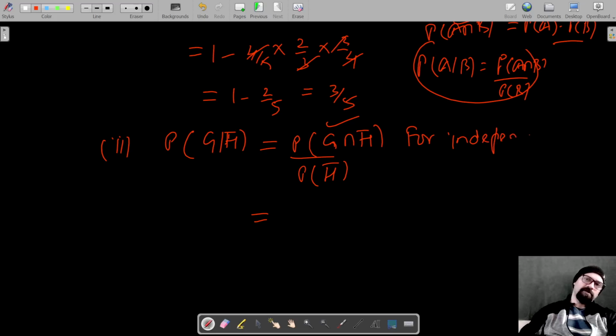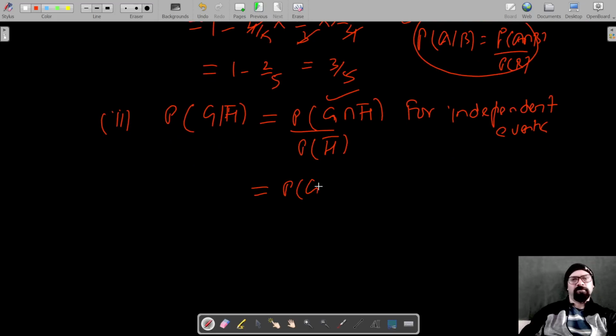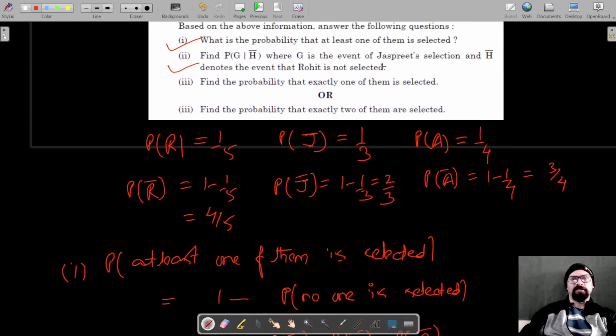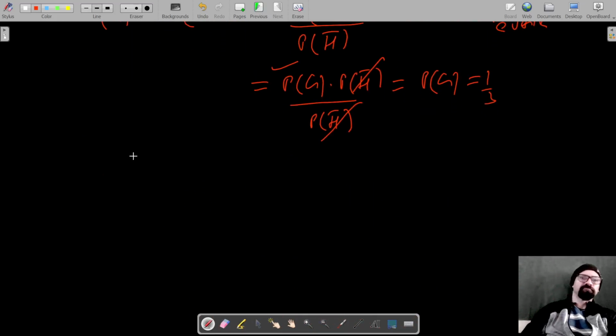So this becomes probability of G into probability of H naught divided by probability of H naught, which gets cancelled. Now the probability of G is the only thing that remains, and G is the event of just free selection, which is equal to 1 by 3.